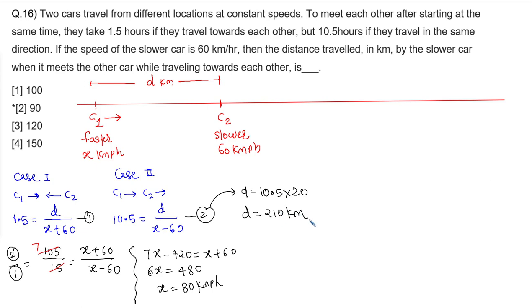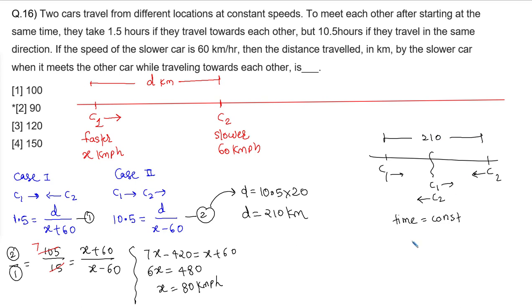Now what is the question, everyone? The question is, if they travel in the same direction, the distance traveled by the slower car is how much? So look here, car 1, car 2, they will travel like this, they will meet over here. So the time is constant, and this distance is 210 km.